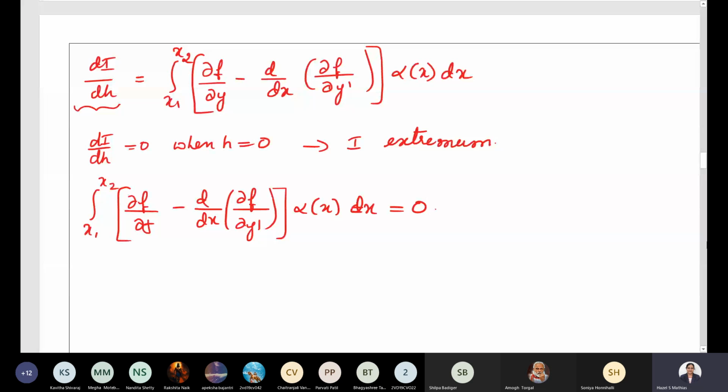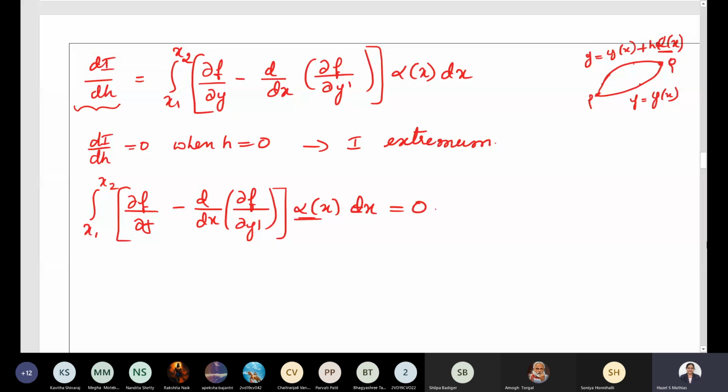Now we know this alpha is some arbitrary function on the curve. See, this is that curve we had, y equal to y of x. This was y equal to y of x plus h times alpha of x. At this point, alpha of x1 and x2 must be 0, because this curve also passes through P and Q. On this curve, this alpha is varying.